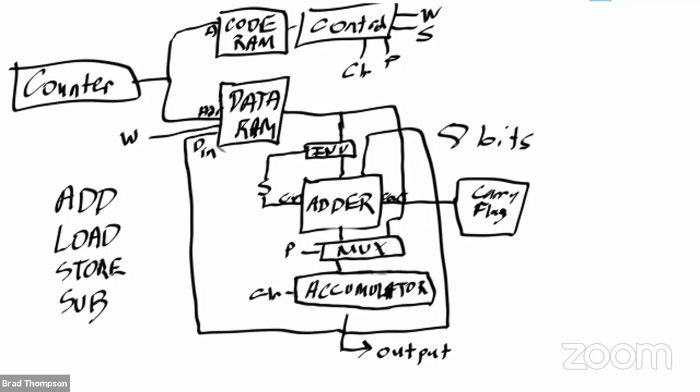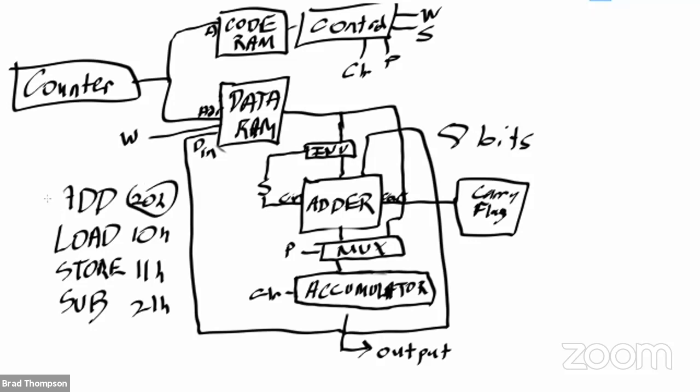So the book picked, okay, add is 20 in hexadecimal, or 32, right? Load is 10, store is 11, and subtract is 21. So right now, all of our instructions are just this 1 byte value.